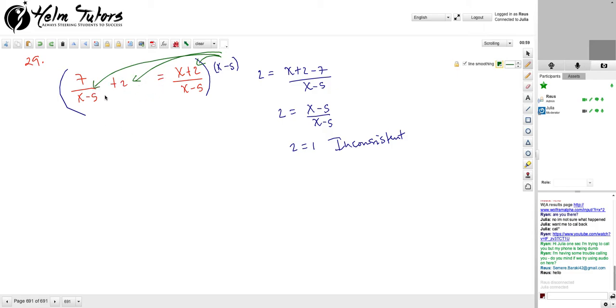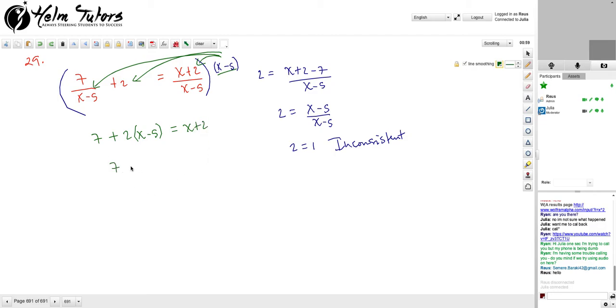So x minus 5 multiplying the 7 over x minus 5 on the left gives us a 7. Then plus the 2, which is also multiplied by x minus 5, so we get plus 2 times x minus 5. And on the right, it would just be an x plus 2, fair?